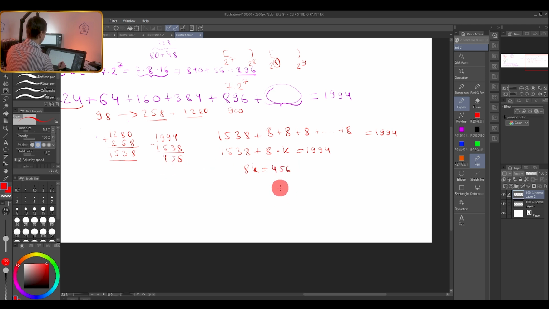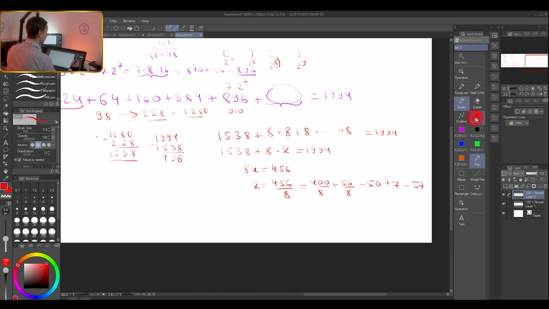If we divide 456 by 8, k equals 400 divided by 8 plus 56 divided by 8. This one is 50, and this one is 7, since 7 times 8 is 56. So k is 57.